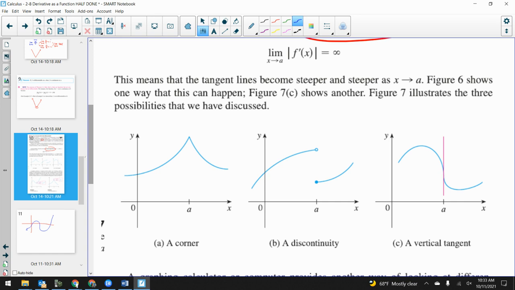No. Jump discontinuity, that is a jump discontinuity. A removable discontinuity or an infinite discontinuity. Those are the 3 types of discontinuity. So, corner points, vertical tangents, or any discontinuity, that means that the derivative does not exist at that point. Something else must happen.